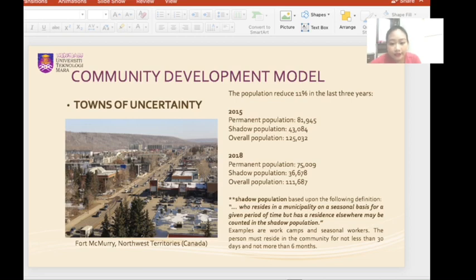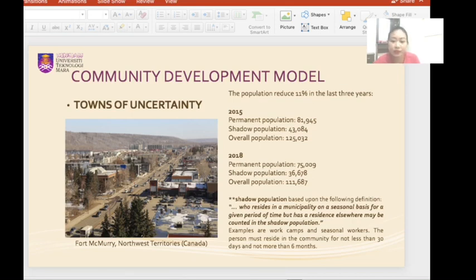As you can see here, in 2015, permanent population is around 81,000 plus people, and then shadow population 43,000 something, and overall population is around 125,000. In 2018, permanent population decreased to 75,000 only. Shadow population is 36,000 and overall population around 111,000.